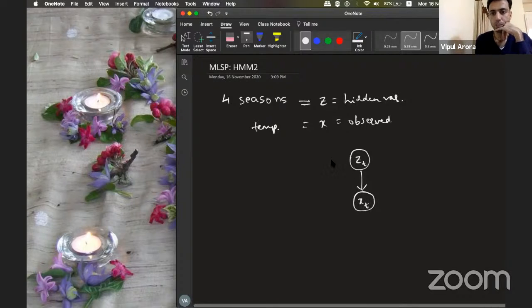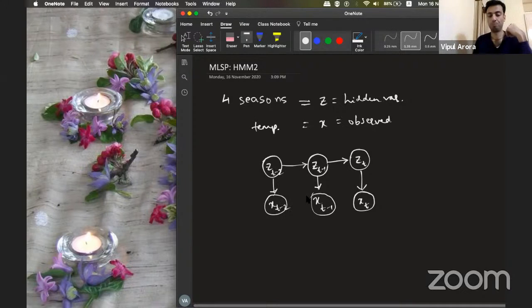And this Zt, I model it as dependent on Zt minus 1. And this Zt minus 1 is in turn dependent on the previous one. It's a hidden Markov model. It's a first order Markov chain.